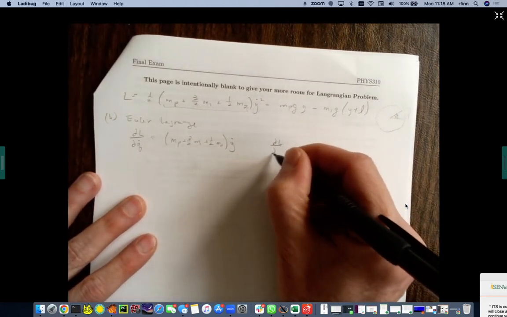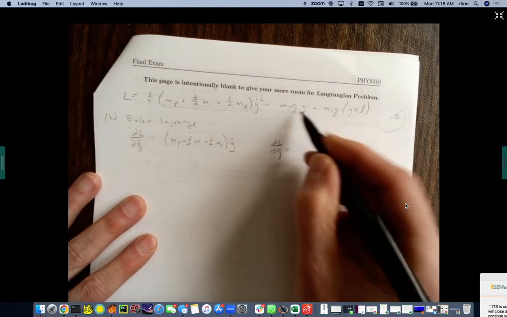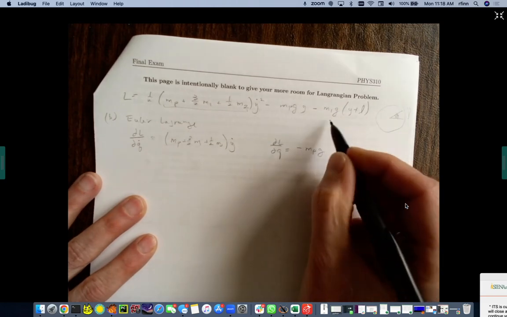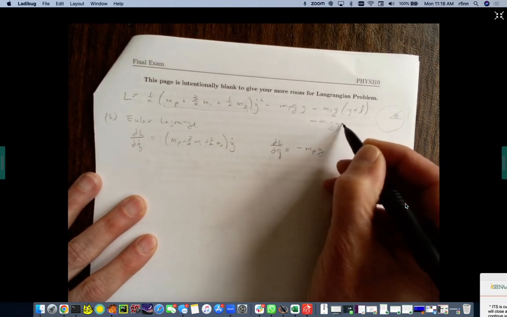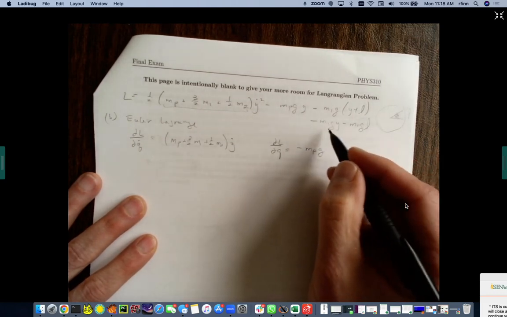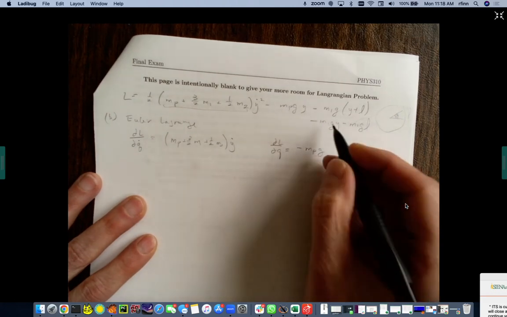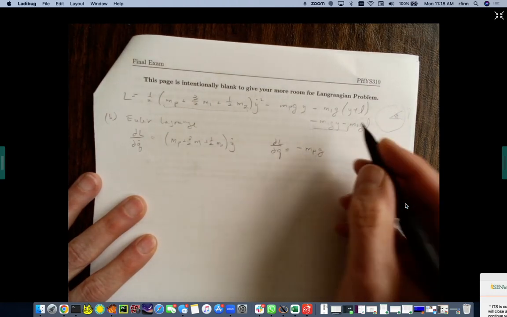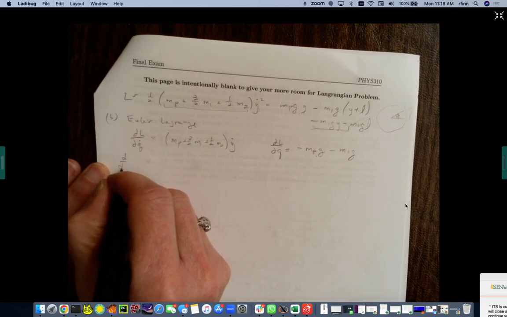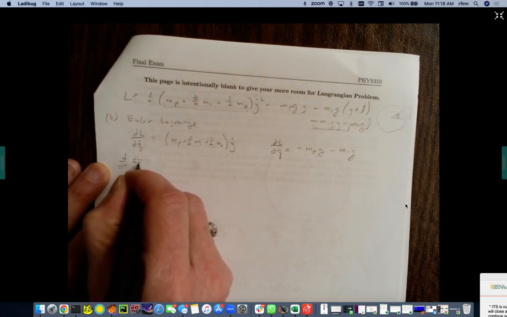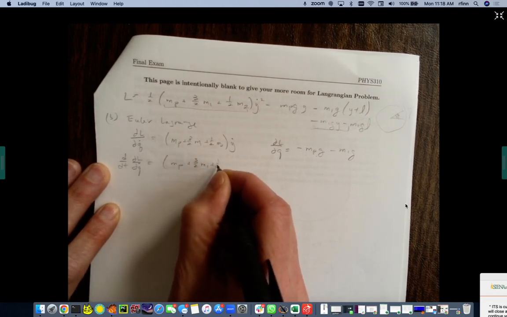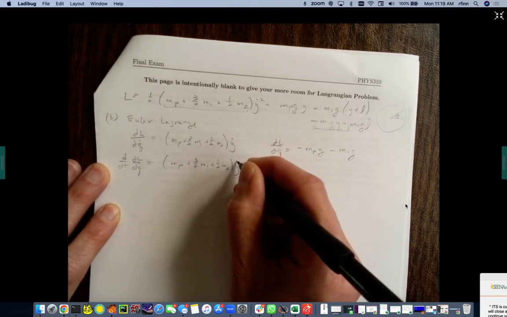Then dL/dq is the derivative with respect to y, so we get minus mp g for that term. For the m1 g y minus m1 g L, the L part is really just a constant, so it doesn't come out, and the derivative with respect to y gives just m1 g. Now we need d/dt of dL/dq dot, which is this effective mass again, (mp plus 3/2 m1 plus 1/2 m2) y double dot.